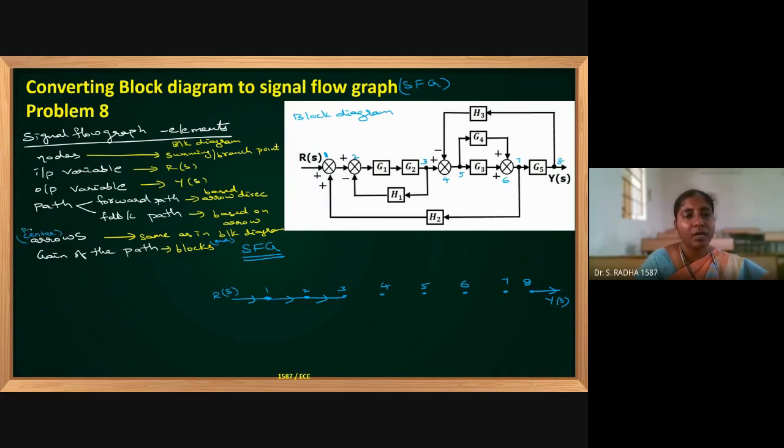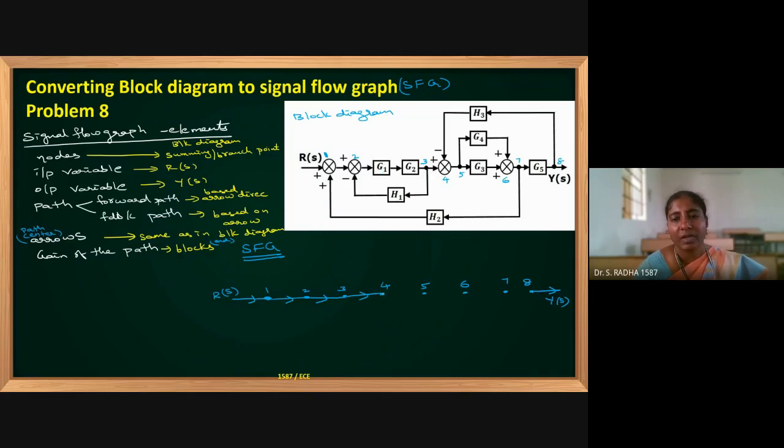Now, between nodes 2 and 3, two blocks are there, G1 and G2. We will write them. And between 3 and 4, one single line.